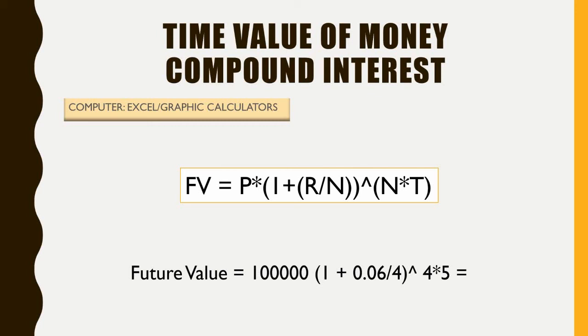It's crucial that you do not forget how many parentheses you have. You should have a total of 6 parentheses in your formula. Because the way that Excel looks at a formula is that if you don't have these parentheses, it's going to literally take 1 plus your R, which is 0.06, and divide the whole thing by 4, which is not what we want. We want the rate to be divided by 4, not 1 plus the rate. So that's why it's very crucial that you have your parentheses, because Excel is very precise.